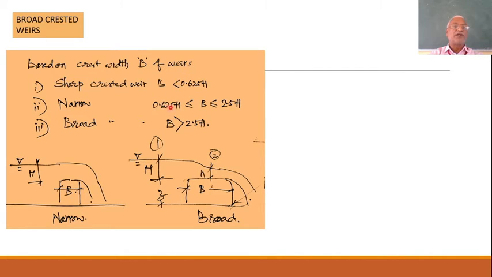If it is in the range of 0.625 H to 2.5 H, then it is narrow crested. If B is too large, like 2.5 times the head, then it will be a broad-crested weir.